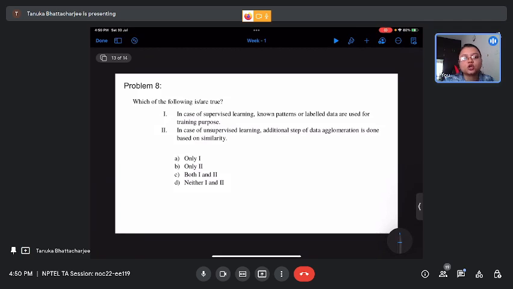Initially you are not given the actual labels, so it's your responsibility to cluster or group the similar data into similar groups. Whatever you put in one particular group, all of them should be similar to each other. Whereas if you take any 2 examples, one from group A and one from group B, they should not be similar.